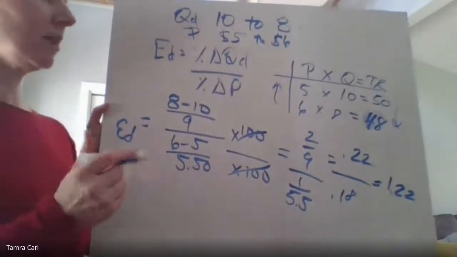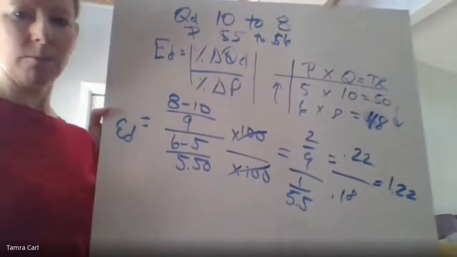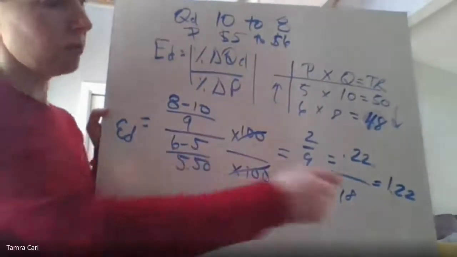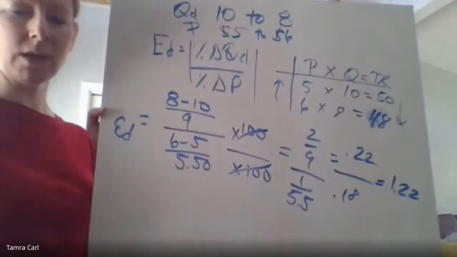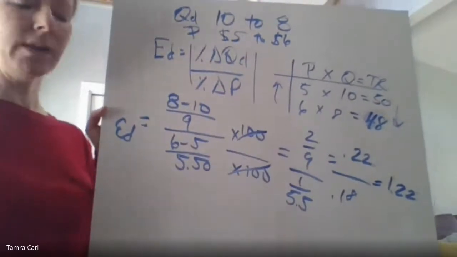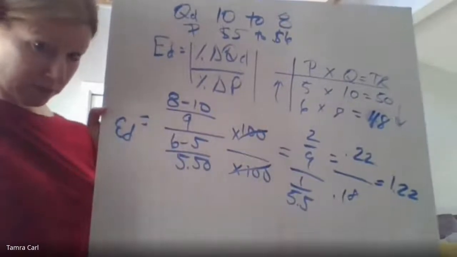Would I want to have everything in there? Yes, but that's not going to make or break you on the AP exam. Now, for the cross price elasticity of demand, you have to make sure you put the negative sign in there, because it is about negative or positive.